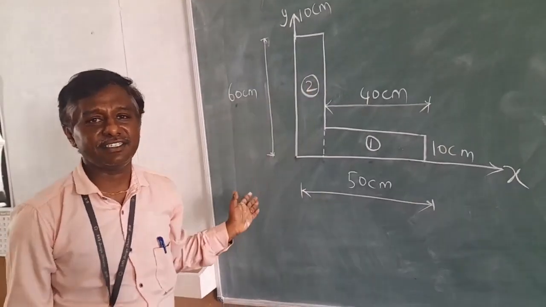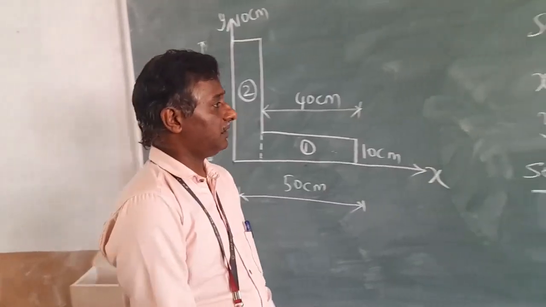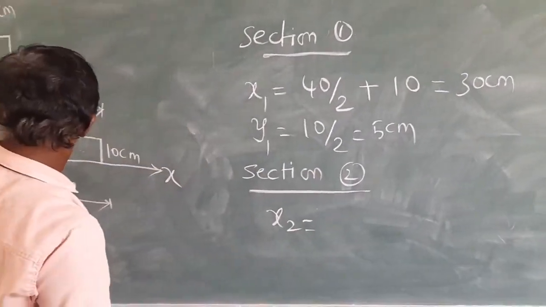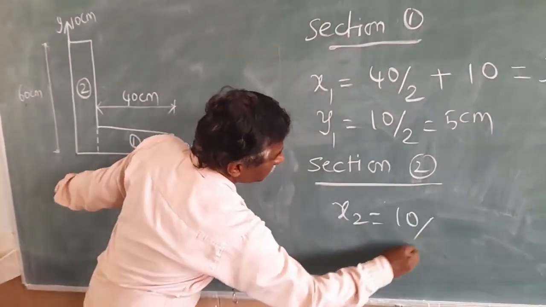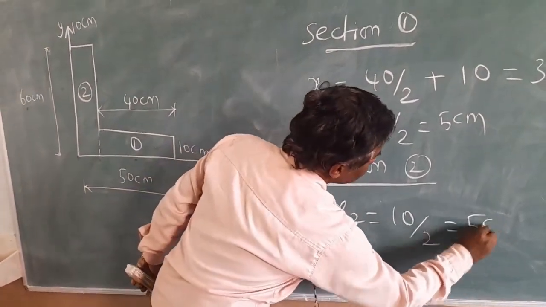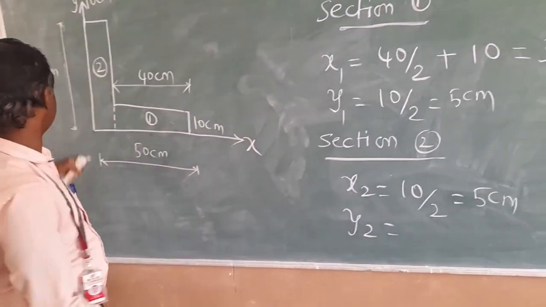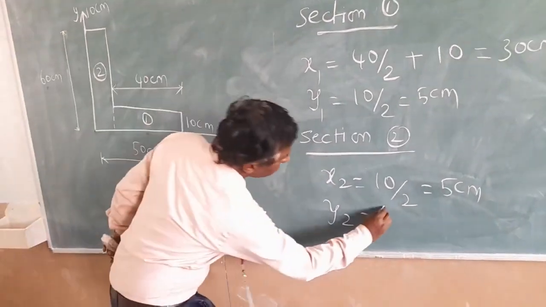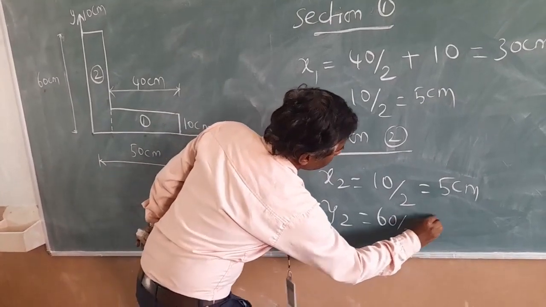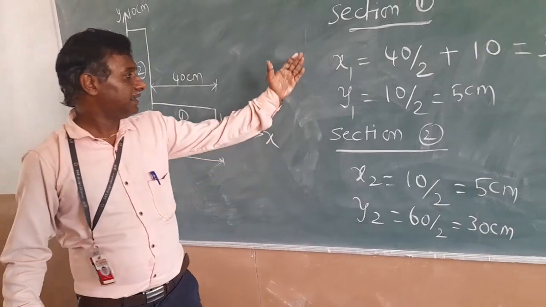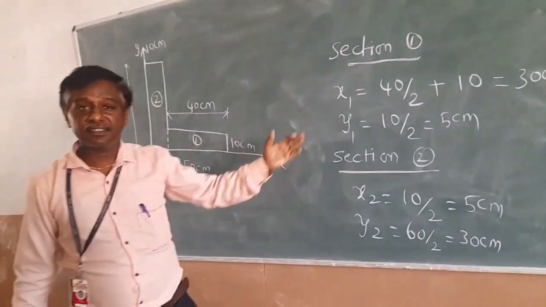So x2 equal to 10 by 2, 5 centimeter, and y2 equal to total 60, so half of the value, 60 by 2, that is 30 centimeter. This is the centroid for each individual section.